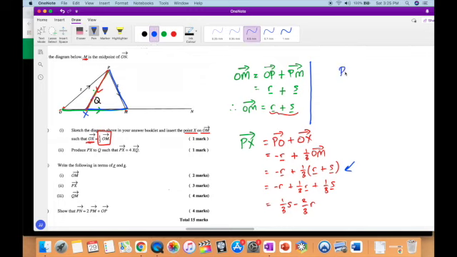So PX is equal to PM plus MX, right? PM is S, no problem, plus MX. What is MX? They tell me here OX is a third of OM. Look at how they expressed OX. They expressed it in terms of OM.